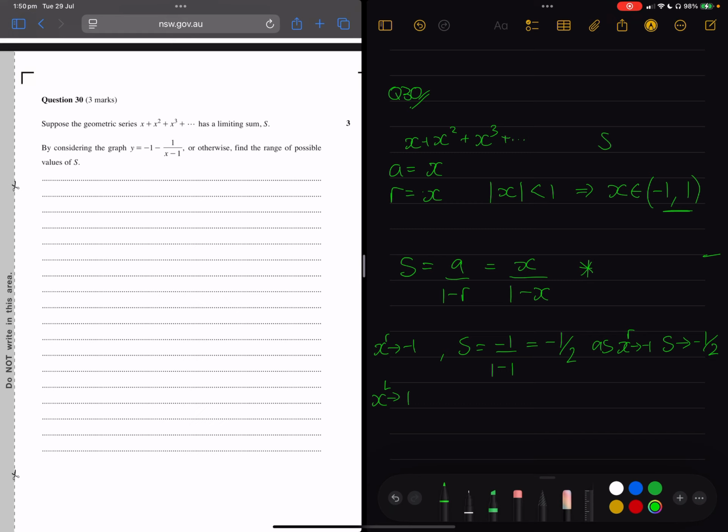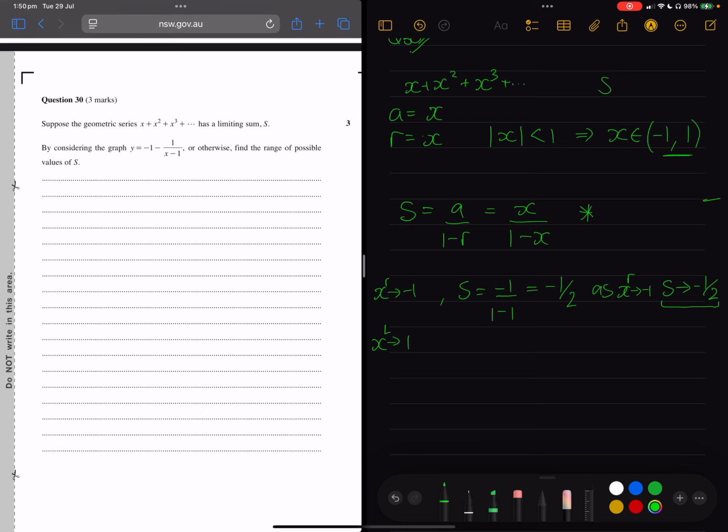Now, the -1/2 value itself is not actually viable, because if x is -1, which it's not allowed to be, the series would be -1 plus 1 minus 1 plus 1, and that doesn't have a limiting sum in the conventional sense. So you could get limiting sums as low as -1/2, but just above -1/2, not including -1/2.